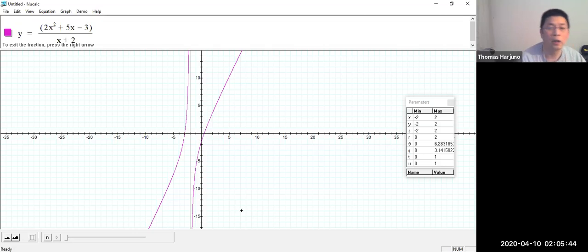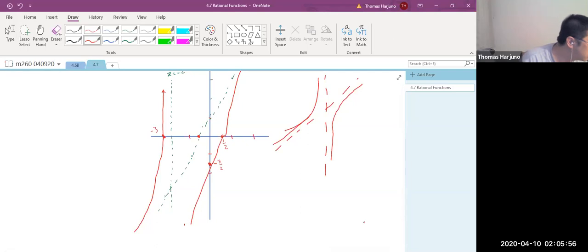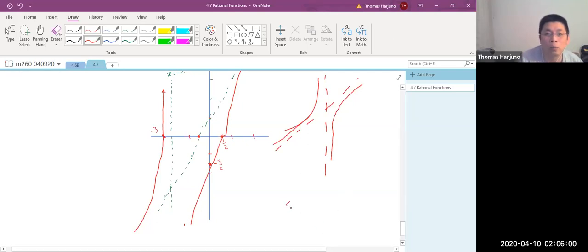For 4.7, the suggested homework from your textbook will be, let's see, most of them are on the easy side.